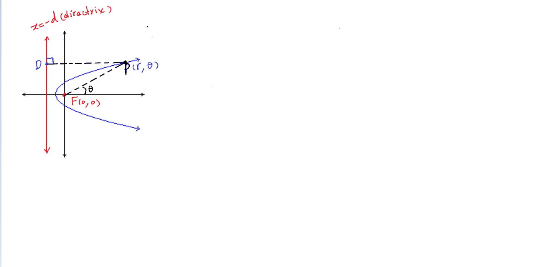Now e, the eccentricity, is the ratio between PF and DP. PF is nothing but the distance from 0, 0 to the point r, theta, so PF is in fact just r.